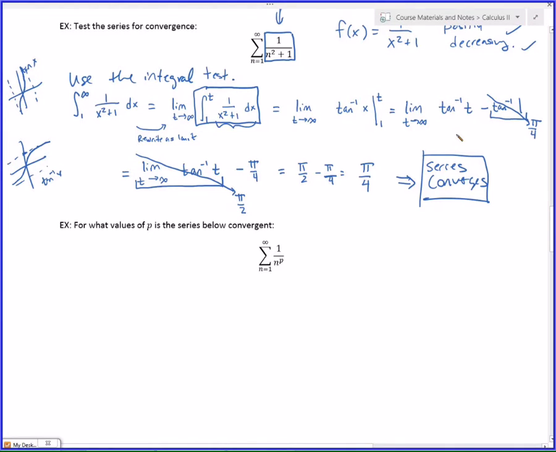Let's move on and look at the next example that I've got here, which is actually a bunch of series in one. We've talked about the series, the sum of 1 over n squared, earlier in this section. And we also talked about the series 1 over the square root of n, which, by the way, is the same thing as the series 1 over n to the 1/2.